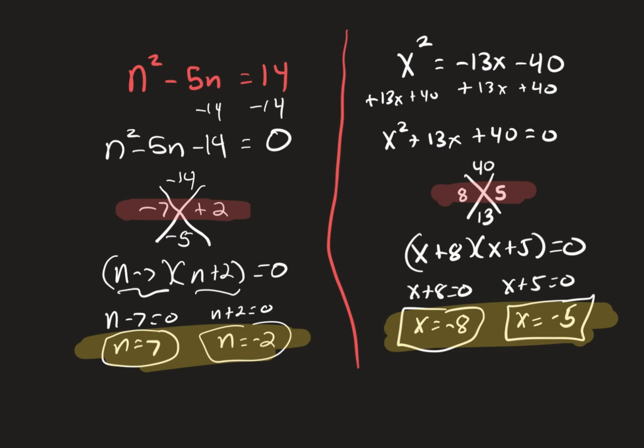What do you notice between the red and the yellow? The numbers are just opposite. If you notice, we've got negative 7, positive 2. Our solutions are 7 and negative 2. It's the opposite of it.